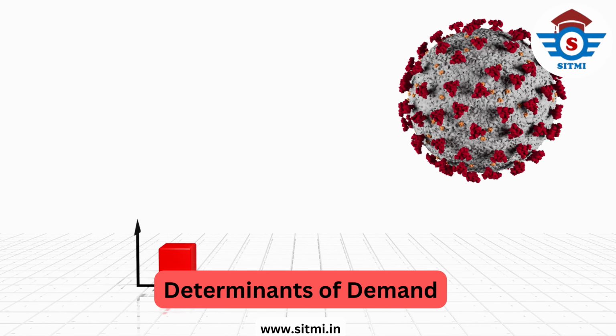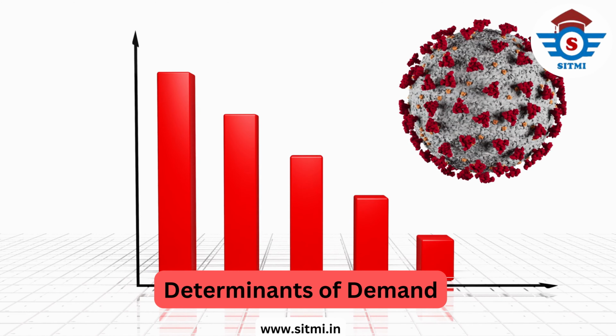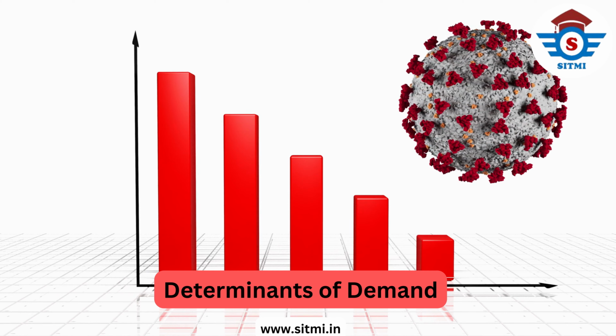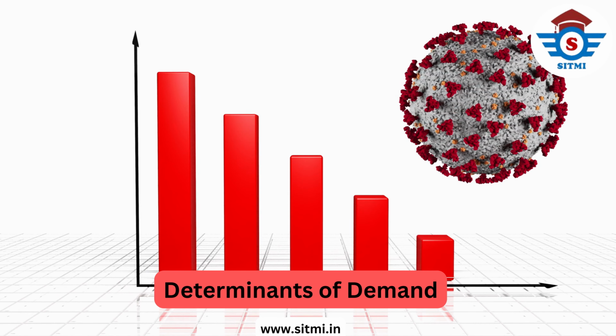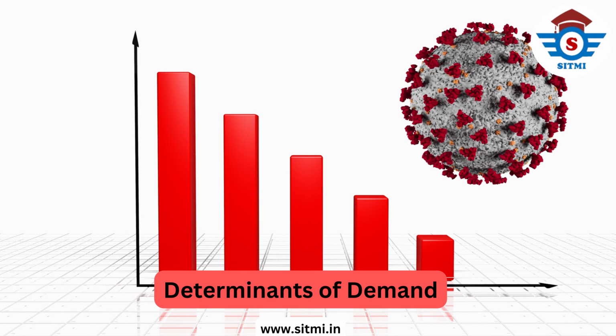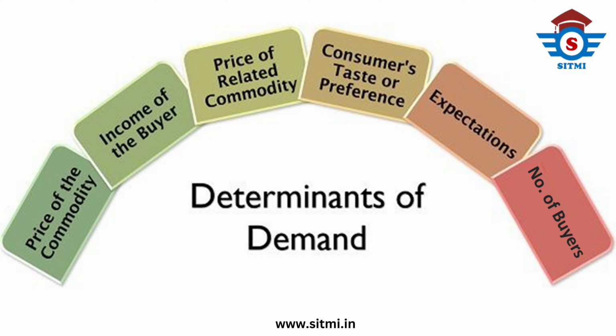Now let's talk about multiple factors that actually impact the demand. This is called the determinants of demand. As far as determinants are concerned, there are 6 major factors which have a major impact on the demand of a product.